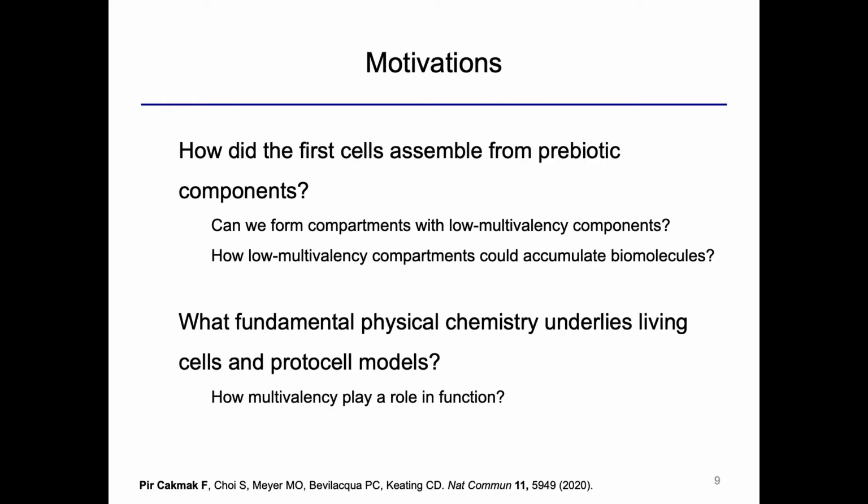So, my motivation for this study was just to answer a couple of questions, as I mentioned at the beginning of the talk. How did the first cell assemble from prebiotic components? There are multiple questions underlying this. Within this question, you can actually ask further, such as, can we form compartments with low multivalency components?